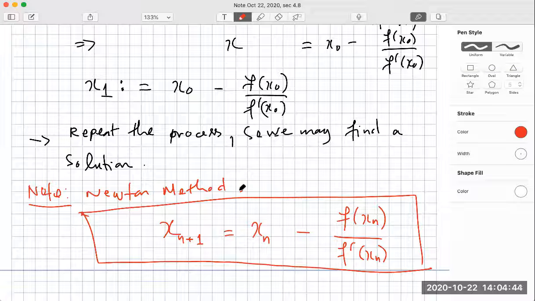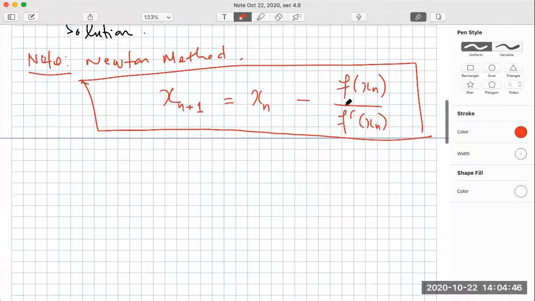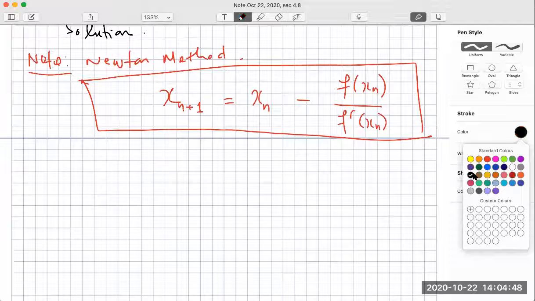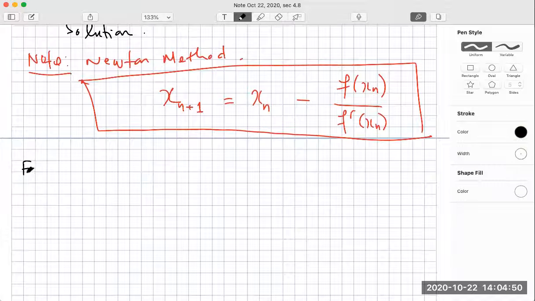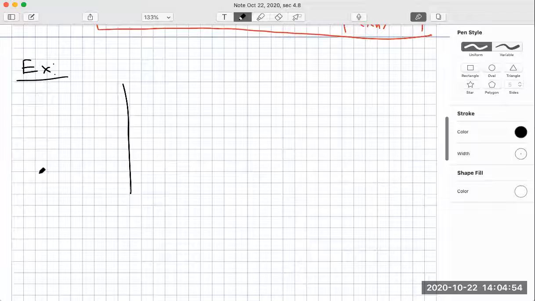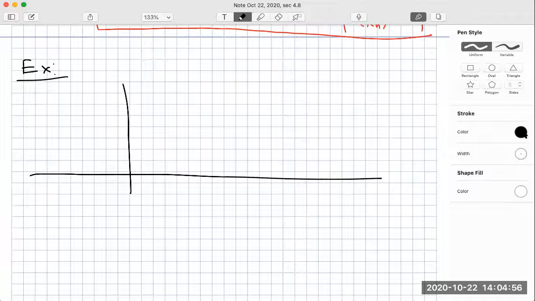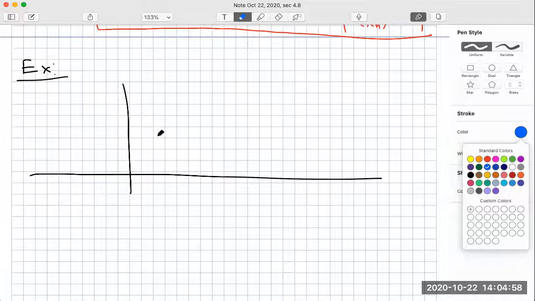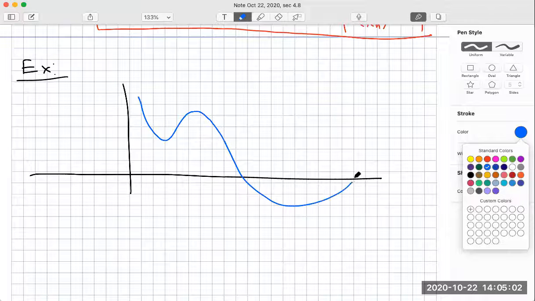Sometimes we're not lucky. If we are given a graph like this one, okay?